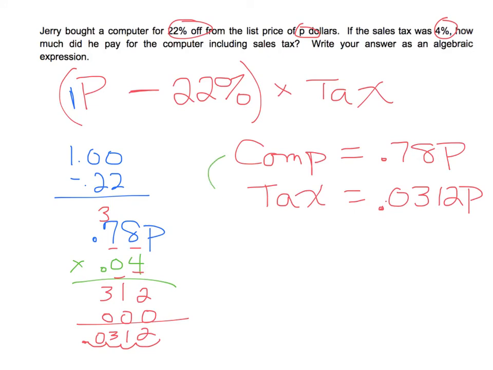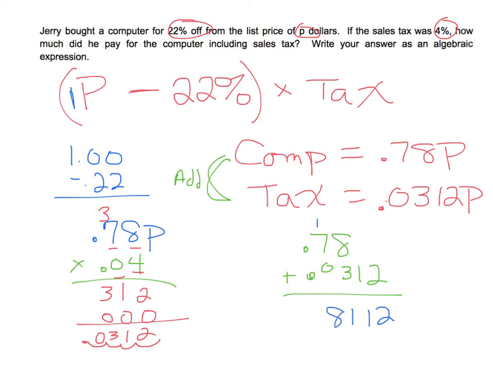So we would do 0.78 and 0.0312, and we will add those together. So we get 2, 1, 11, carry the 1, and we have our decimal.